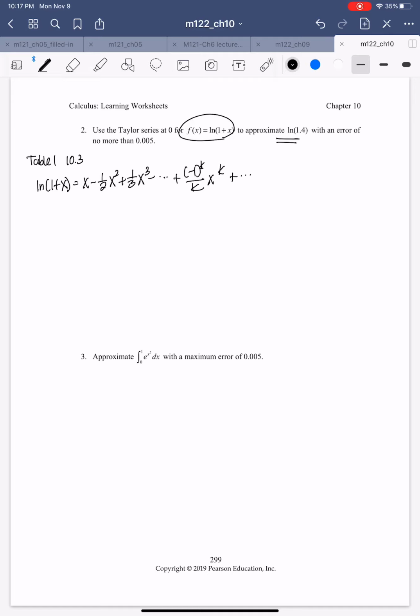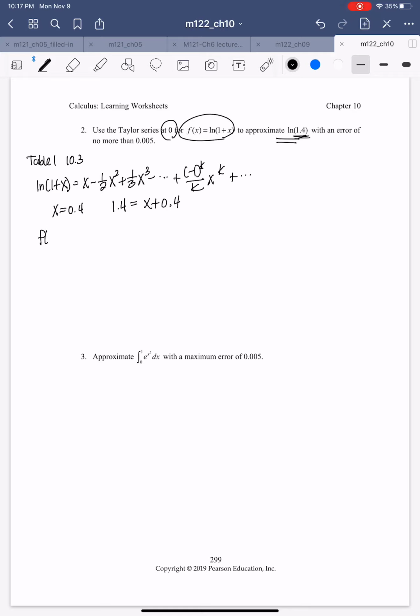We have it centered at 0, and then we have 1.4. So we want to substitute x as 0.4, since 1.4 is 1 plus 0.4, right? Whatever the x is, it's 0.4.